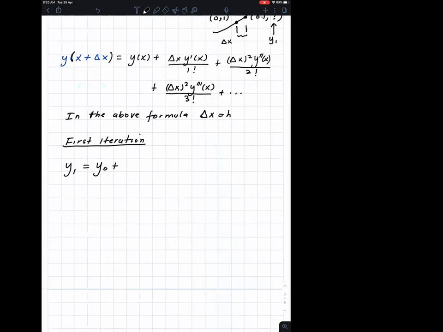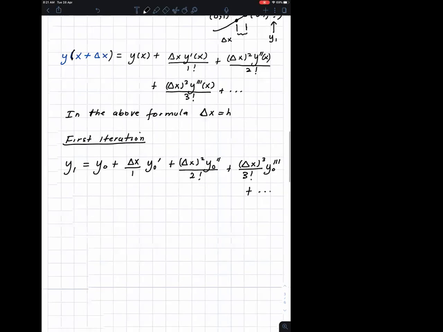You can just leave it as delta x if you like. Delta x times y naught prime over 1 factorial, which is 1, plus delta x squared y naught double prime divided by 2 factorial plus delta x cubed over 3 factorial. Okay, we're going to do up to third order in this case.